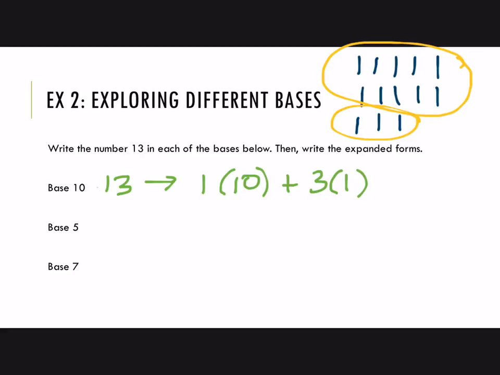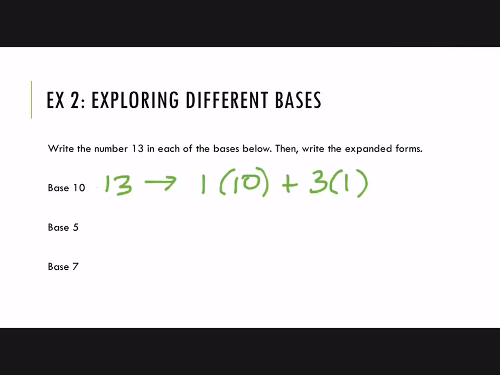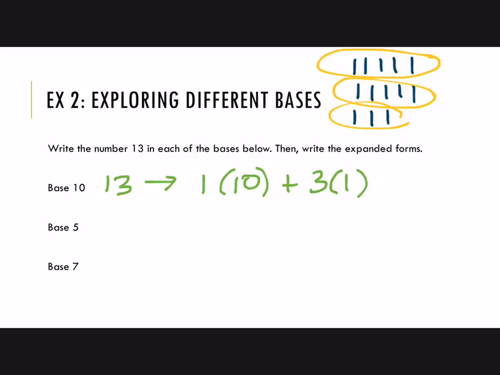Now, to write this as a base 5 number, I should have erased this first. Let me redo that real quick. Alright, so to write this as a base 5 number, I want to emphasize how many groups of 5 there are and how many ones left over. So now if I circle or push together groups of 5, notice that there are 2 groups of 5 with 3 ones left over.